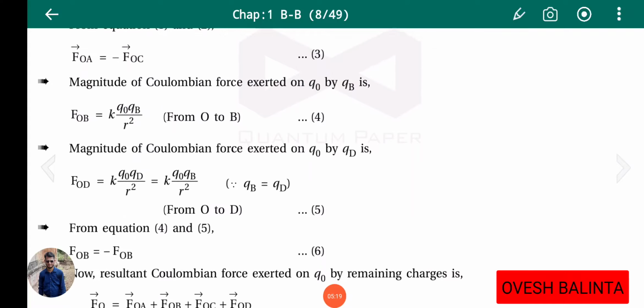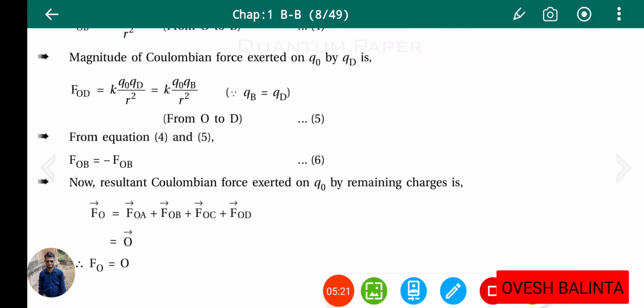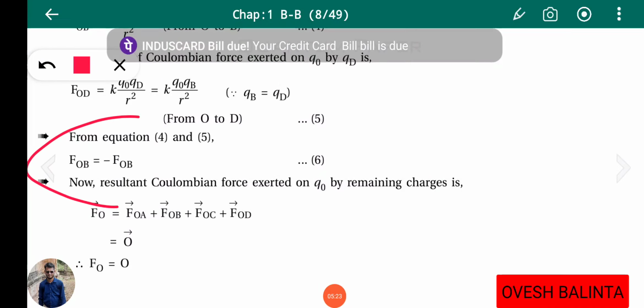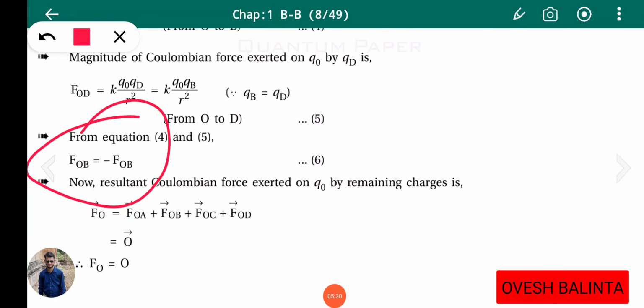If we add these, the resultant Coulombian force exerted on Q0 by the remaining charges is F0 is equal to F0A plus F0B plus F0C plus F0D. But F0A and F0C are equal and opposite, so they cancel each other.